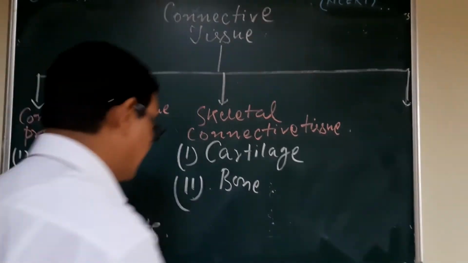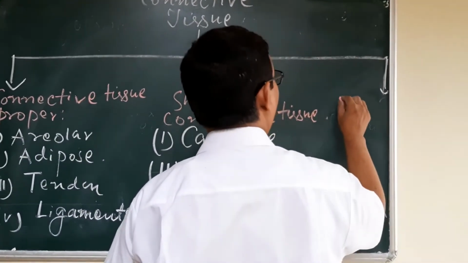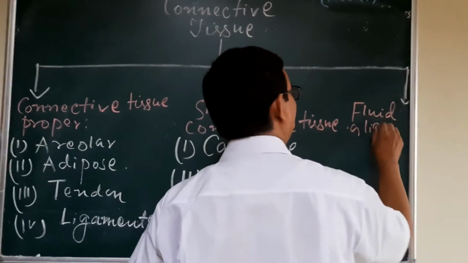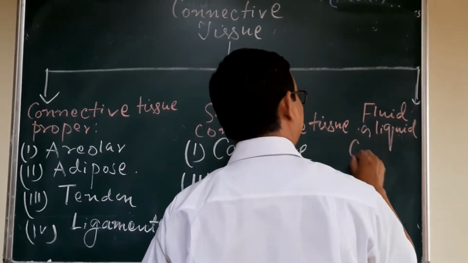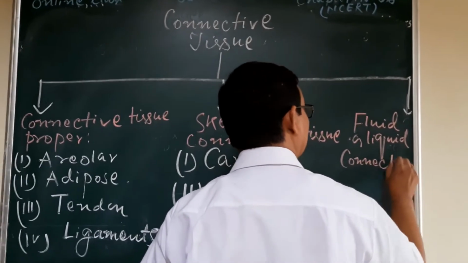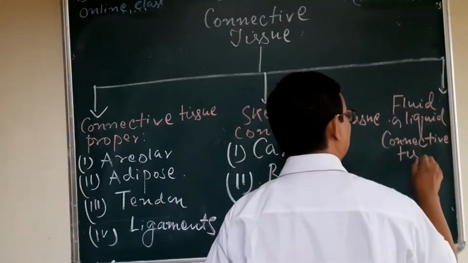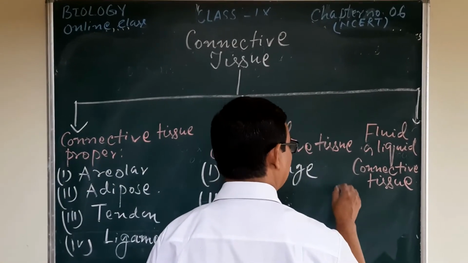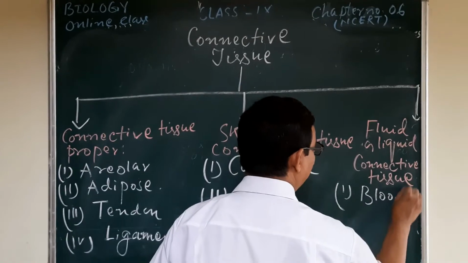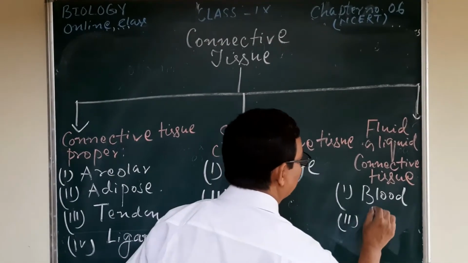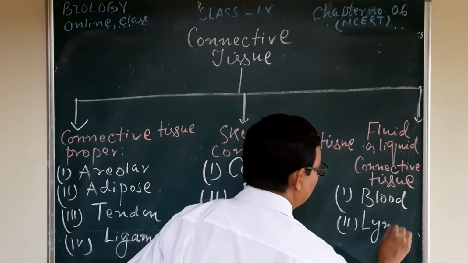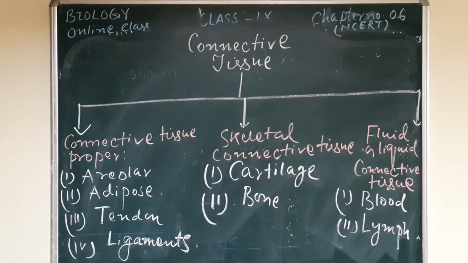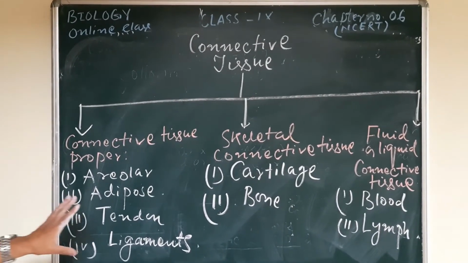And number 3, the fluid, or you may call it liquid connective tissue. Under this we will study blood, and the second one is lymph. So these are the facts about the classification or the different types of connective tissue.